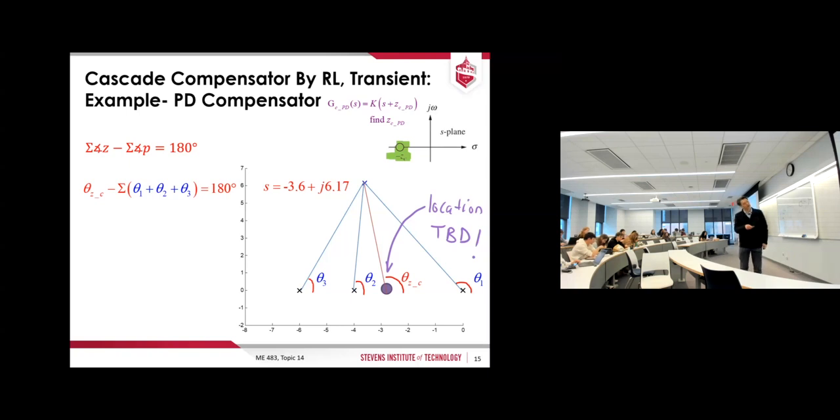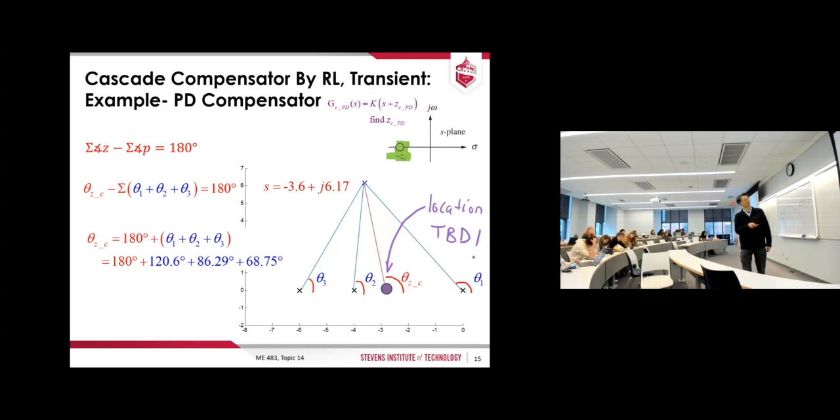So we want to get this angle minus the sum of the whole thing, because theta 1, theta 2, theta 3 are all poles, equals 180 degrees. And we can get all these angles. So let's practice. Theta ZC equals 180 plus the rest.